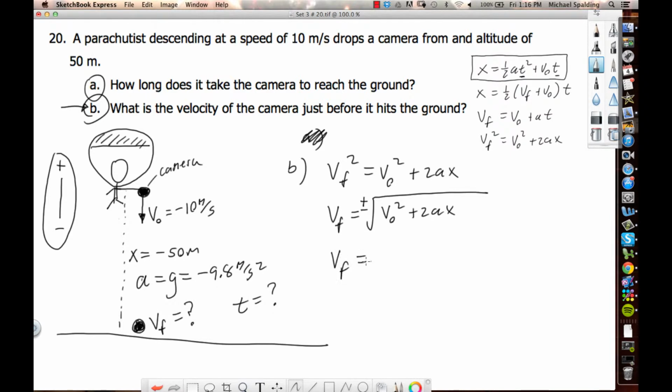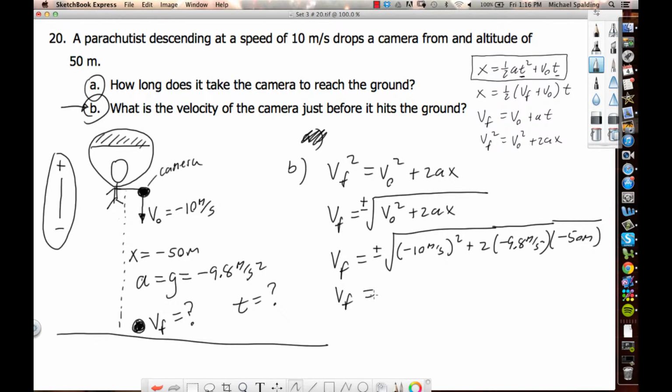So v final is going to be plus or minus the square root of v initial, negative 10, squared, plus 2 times negative 9.8 times negative 50. All right, so look, what happens to these negatives there? They cancel.